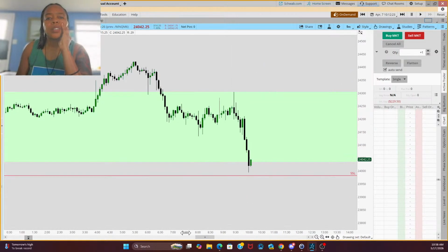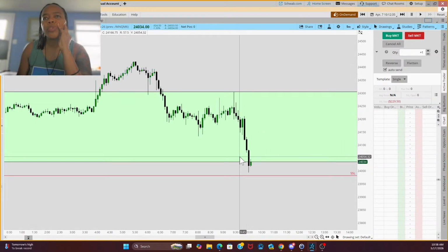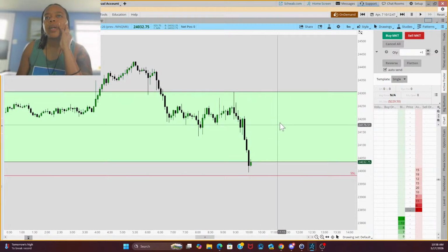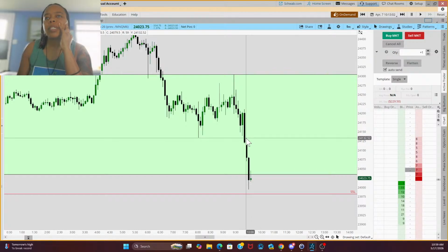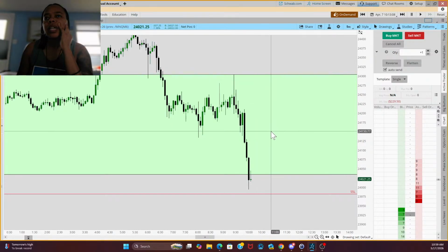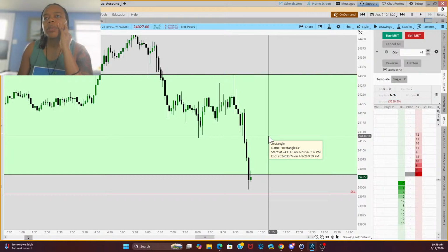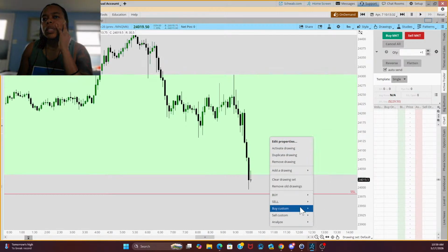They haven't taken this sell side liquidity. So we have 1, 2 fair value gaps, 3. Okay, so I see what I would be looking for here. I'd be looking for them to tap into this guy, stop above here, and then drop. So I will still put my 1 micro sell here.